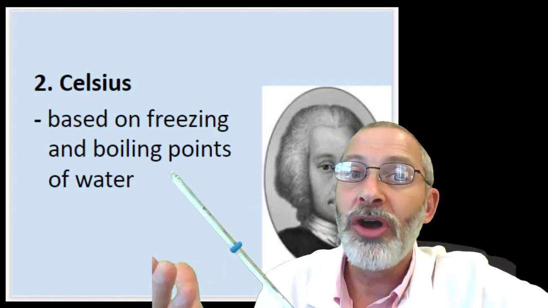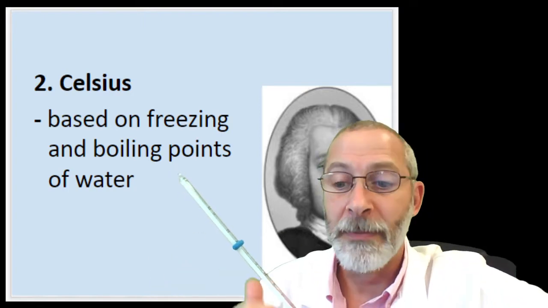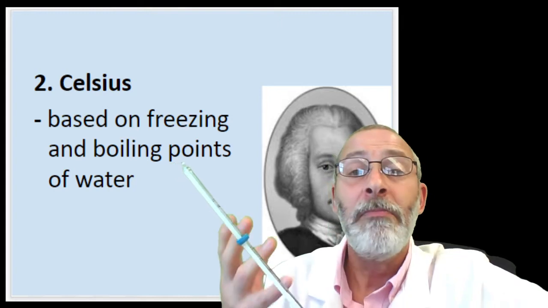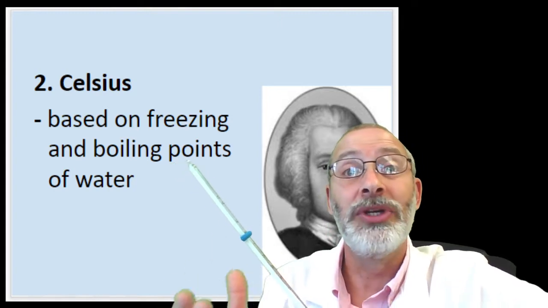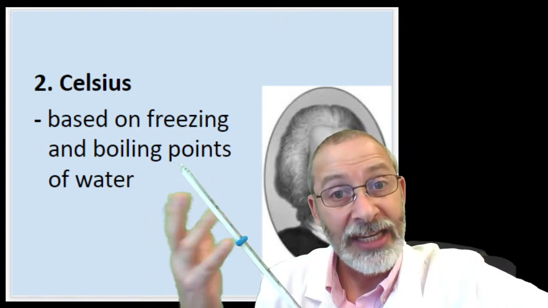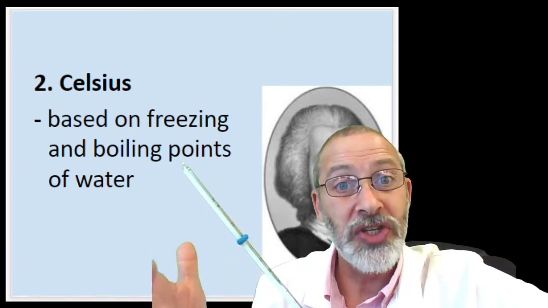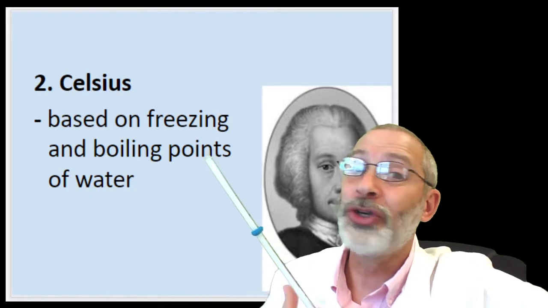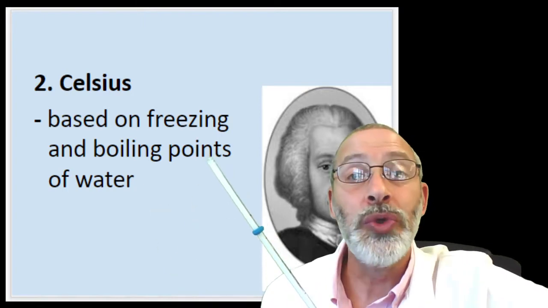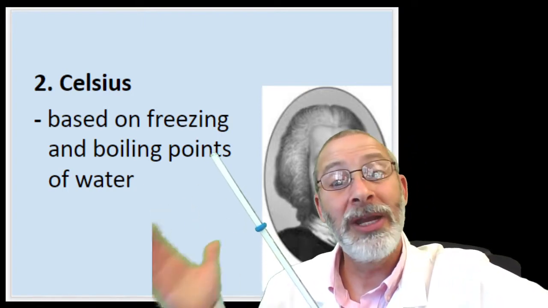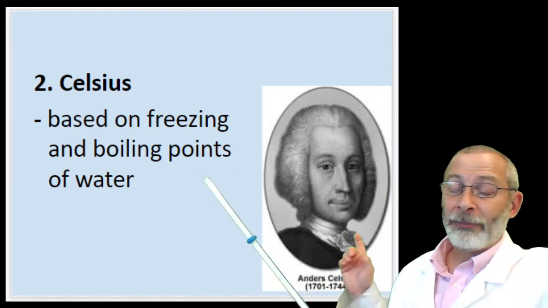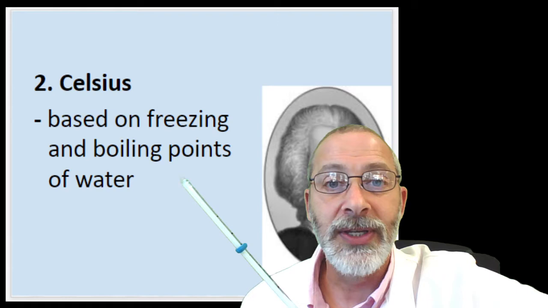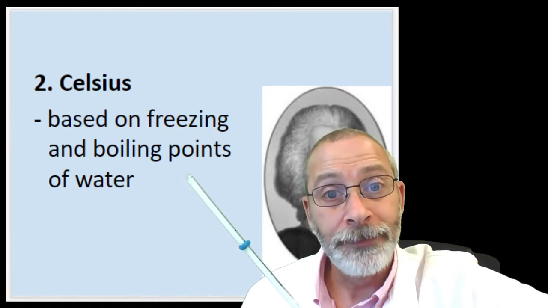You may recall that in our discussions of the metric system, it is based on standards that would not change, or at least in that time frame and understanding were logical things to use. And water is a great standard, and it was used in the metric system, and it was used by Mr. Celsius as he developed his measurement system for measuring temperature.